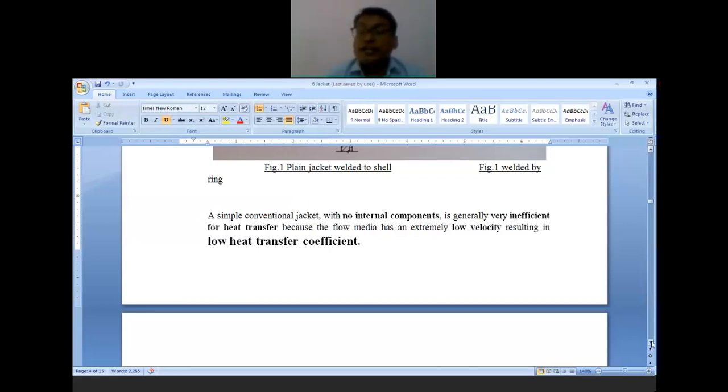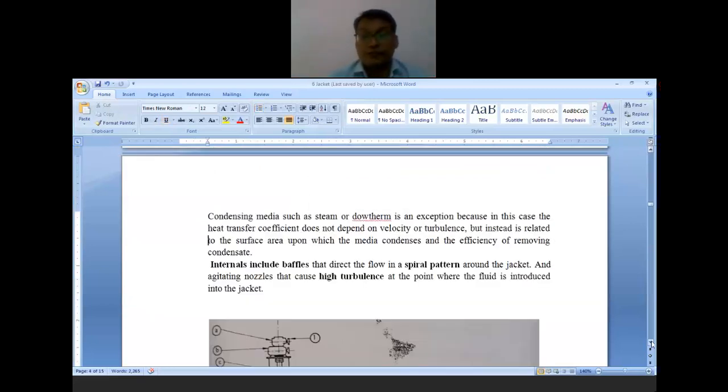However, jackets without internals can have a very large volume, and once the volume is large, the velocity is drastically reduced, and as a result the heat transfer coefficients are low, making it inefficient for heat transfer because of the low velocities resulting in a low heat transfer coefficient.